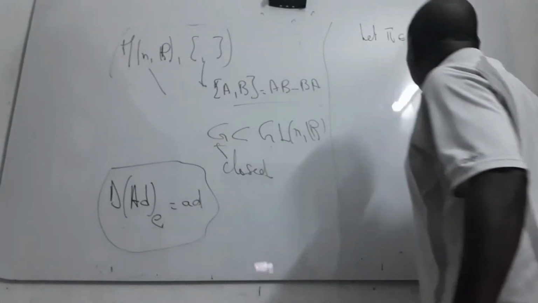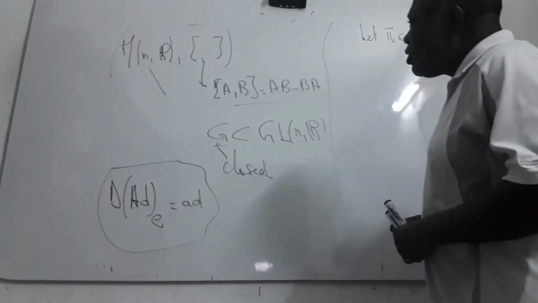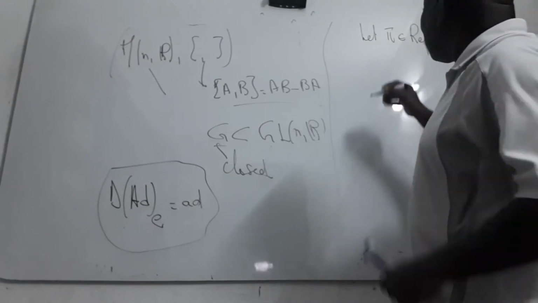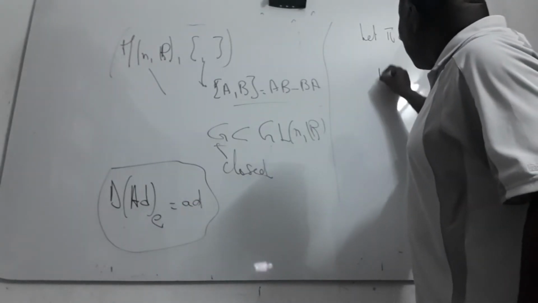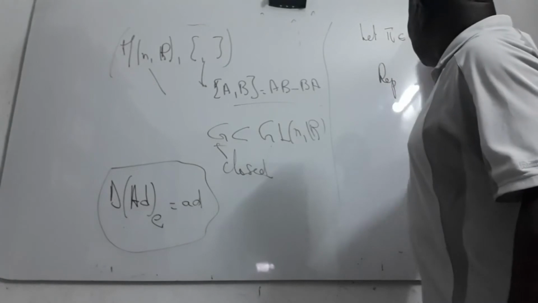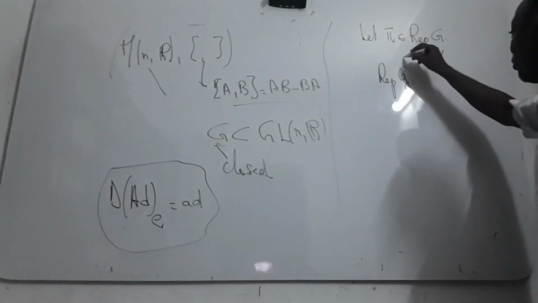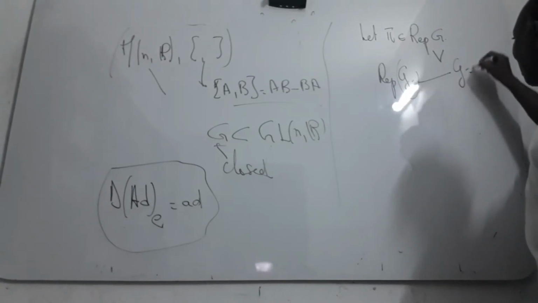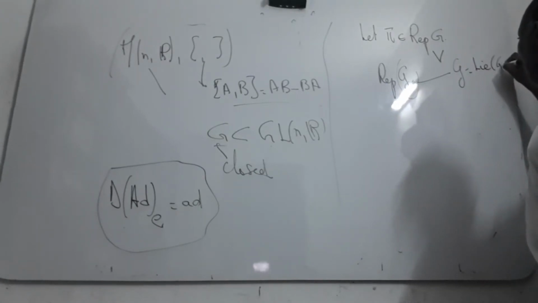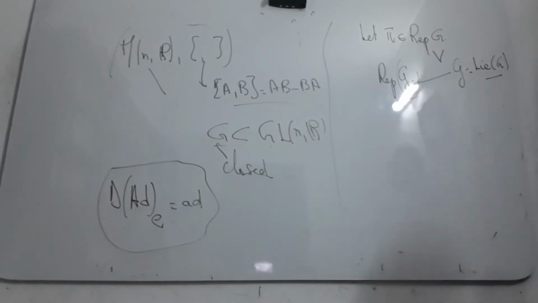You can also define the representation of this Lie algebra, where here is the Lie algebra of this kind of Lie group.